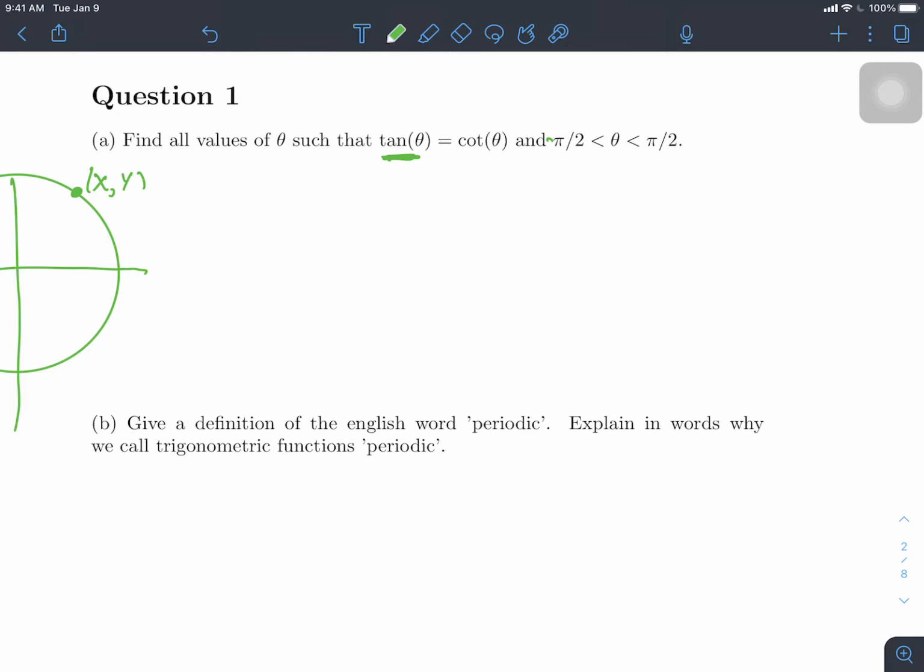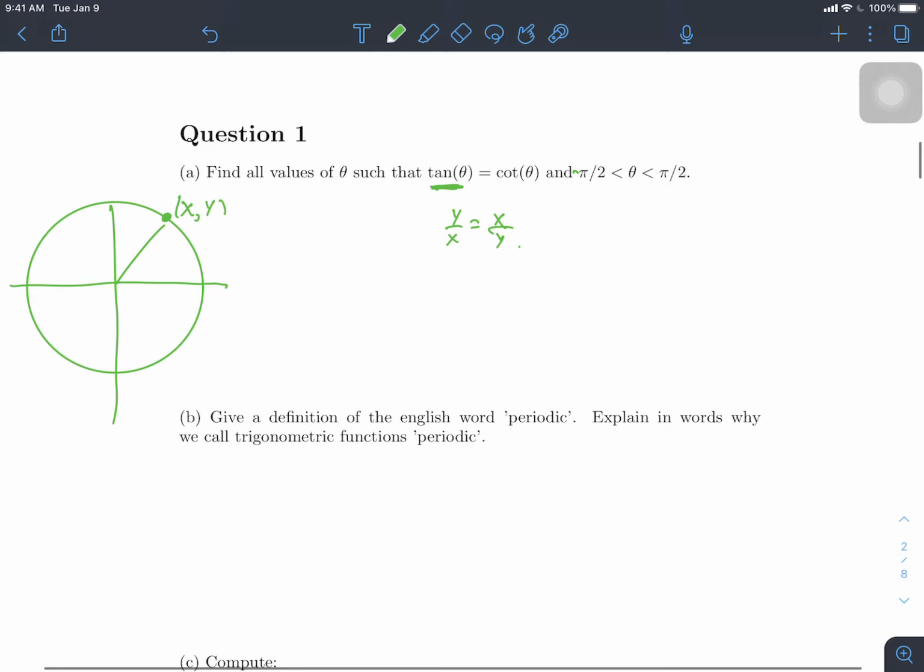In other words, if we have a point (x, y) on the unit circle which theta points at, then y divided by x should be equal to x divided by y. The ratio between the height and the x value should be the same as the ratio between the x value and the height.